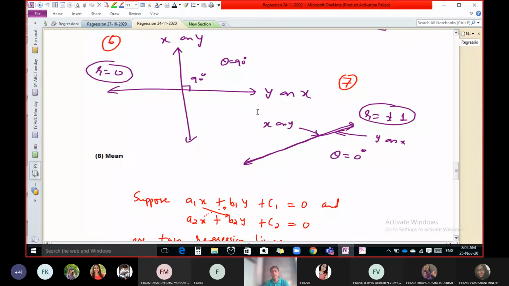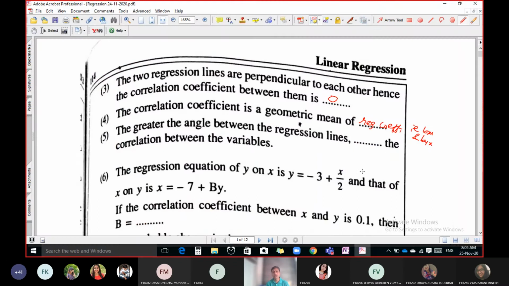But the angle will increase if r reduces, meaning nearer to 0. If r is 0, then the angle is highest. So what is the answer of this? The greater the angle between the regression lines, the lesser the correlation between the variables.